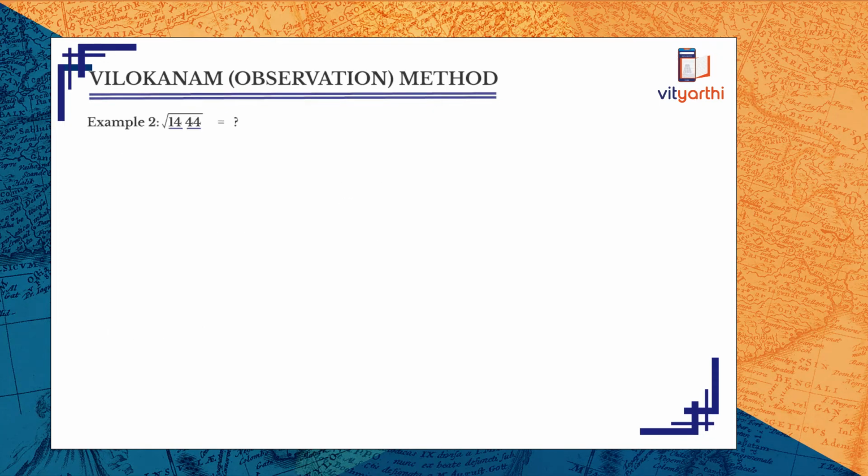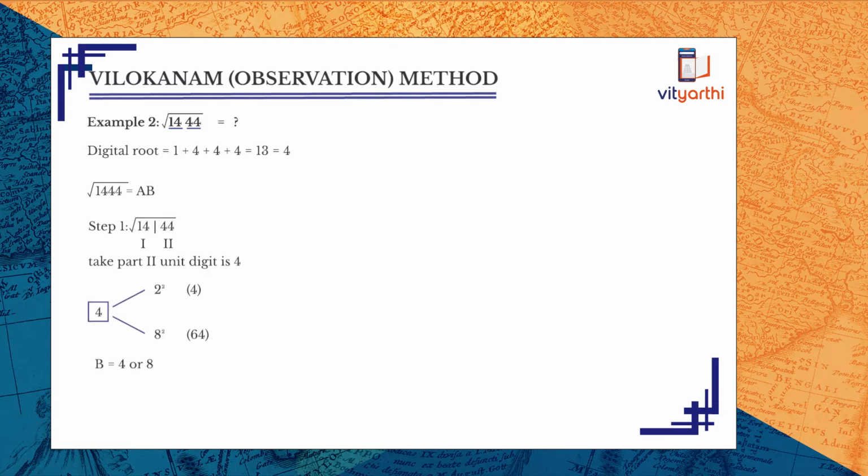Square root of 1444, by using the same rule, same concept. The value of B is 4 or 8. The value of A is 3. So the value of AB is either 34 or 38.